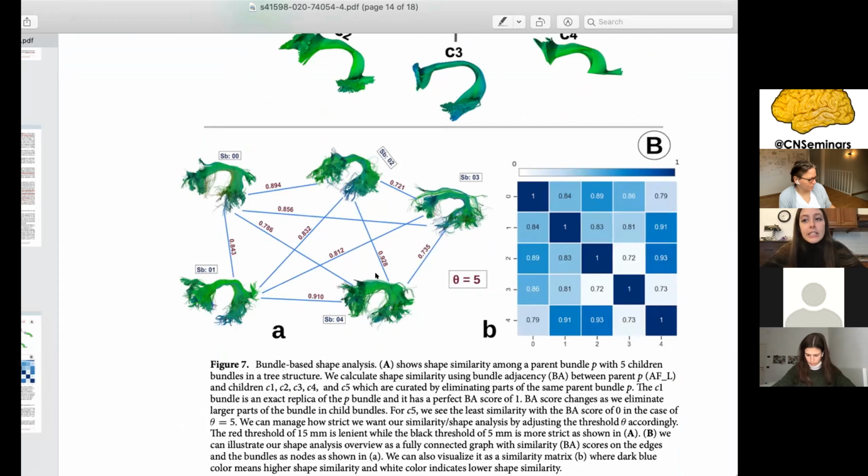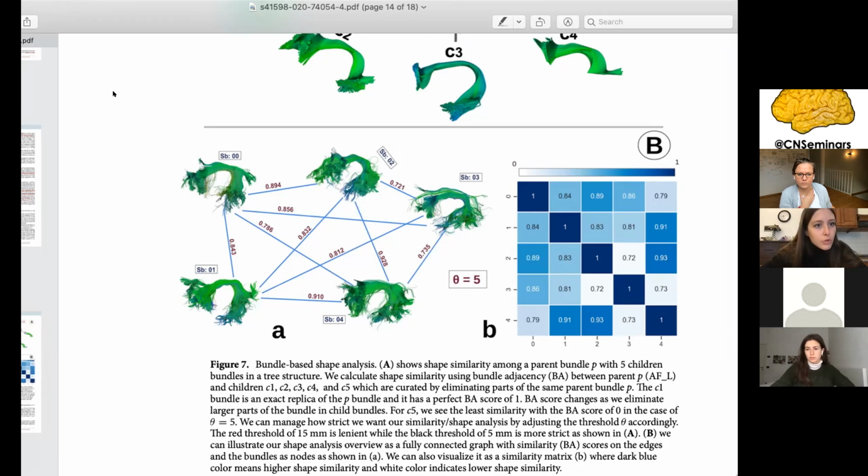Since the group that we analyze can be very broad, the best way to represent this similarity is with a similarity matrix that you can see here. The complete overlap between the two bundles that we are analyzing is represented in dark blue, and then we shade to almost white when we have no similarity between the two bundles.